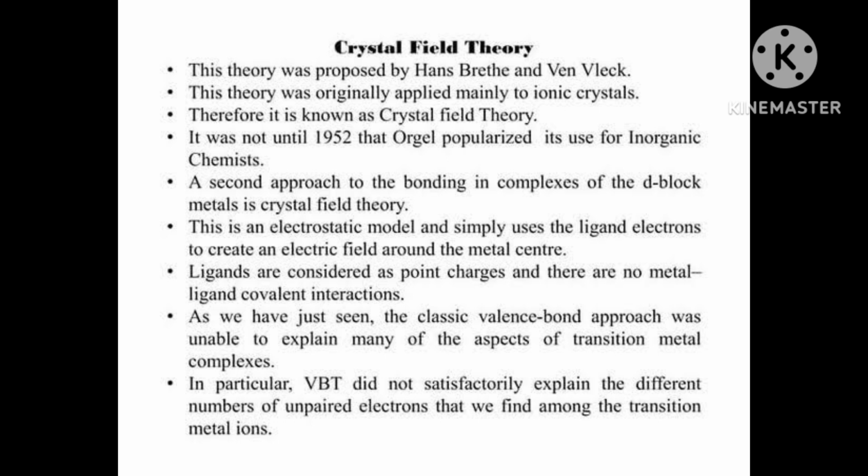In an octahedral coordination entity with 6 ligands surrounding the metal atom or ion, there will be repulsion between the electrons in the metal d orbitals and the electrons of the ligands. Such a repulsion is more when the metal d orbital is directed towards the ligand than when it is away from the ligand.